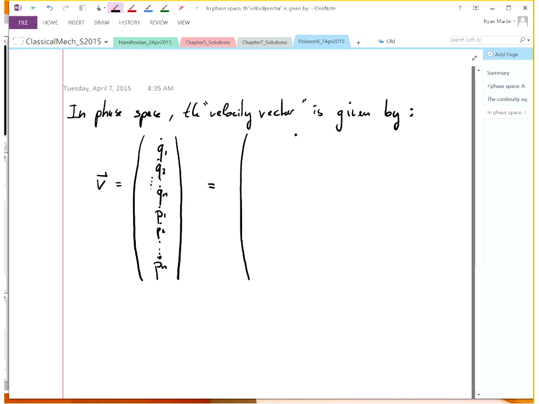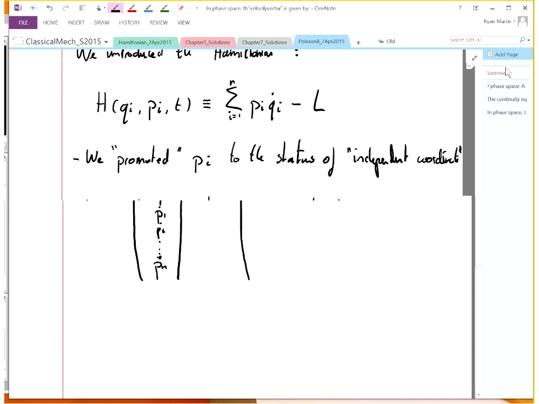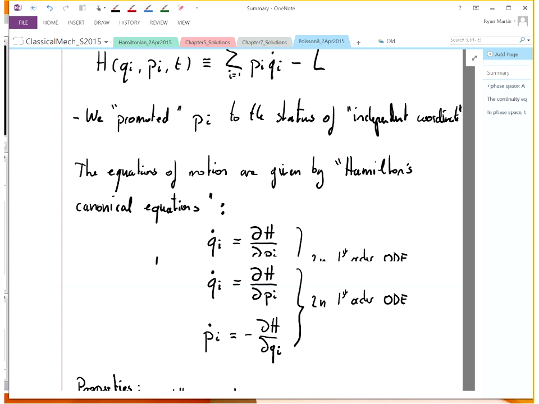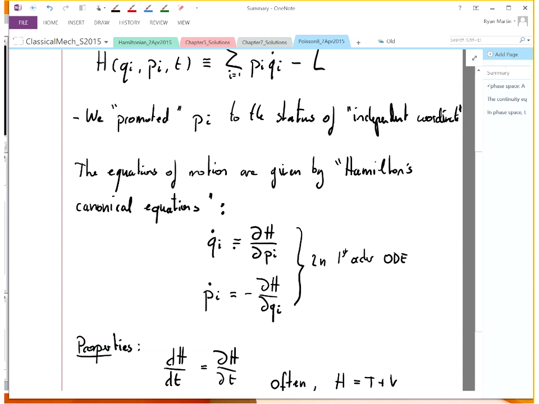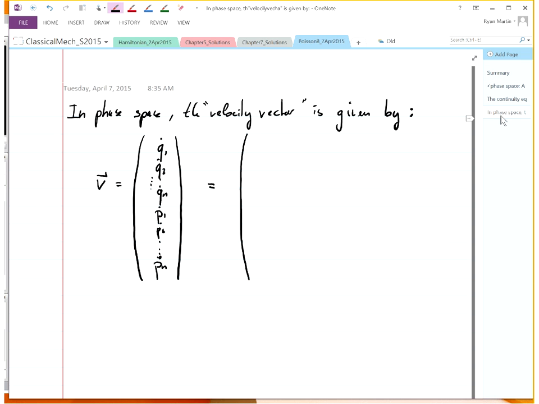What I'm going to do now is use our knowledge from Hamilton's canonical equations. What are Hamilton's canonical equations? They are the equations that give us q dots and p dots, right? So qi dot is always ∂H/∂pi, and pi dot is always minus ∂H/∂qi. I'm just going to put that into our velocity vector.